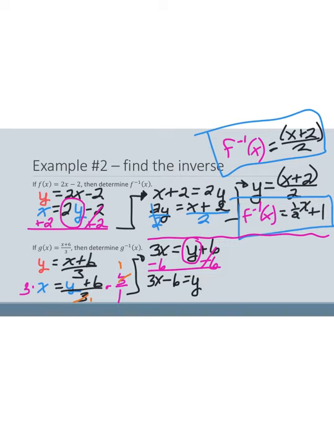And I don't like my y on the right, so I'm going to switch it to y equals 3x minus 6. But don't forget, we have one last step to perform. We have to replace y with f inverse of x, and then equals 3x minus 6. And so this becomes our final answer.